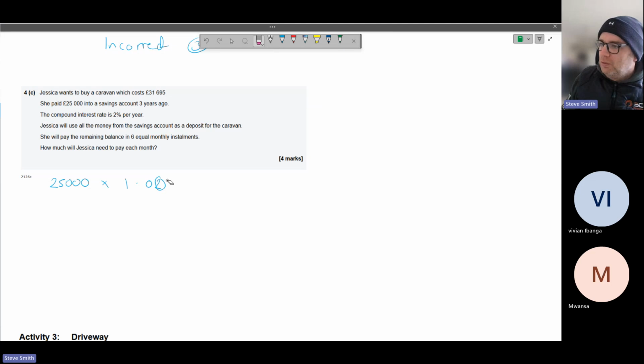Let me get rid of that little circle around it. When we're talking about a decimal, 2% equals 0.02. So we've times it by 0.02 and then we still need our £25,000.